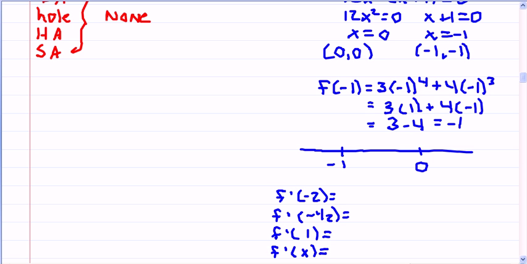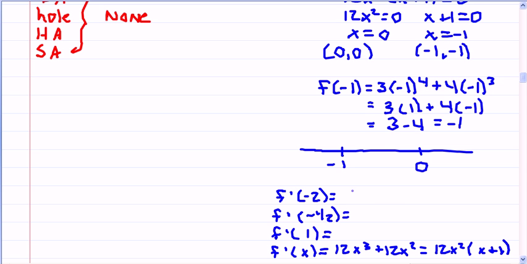And I'll write the first derivative underneath. And you can also use the form 12x^2 times (x + 1).